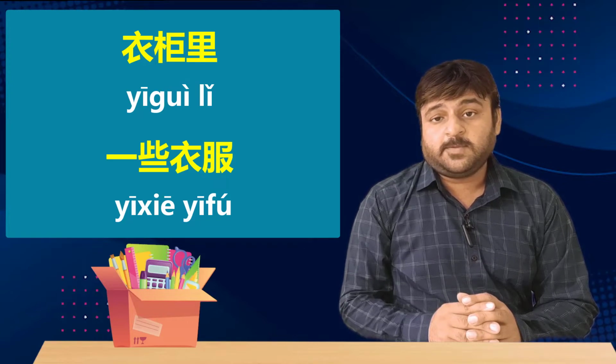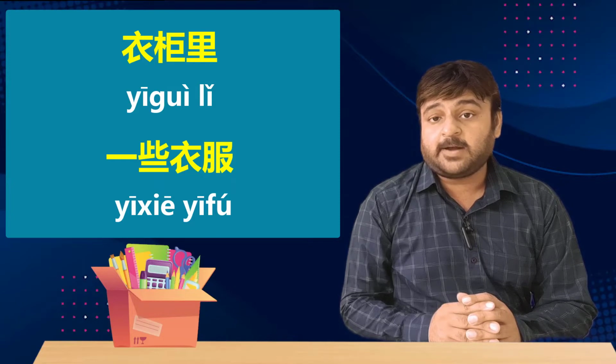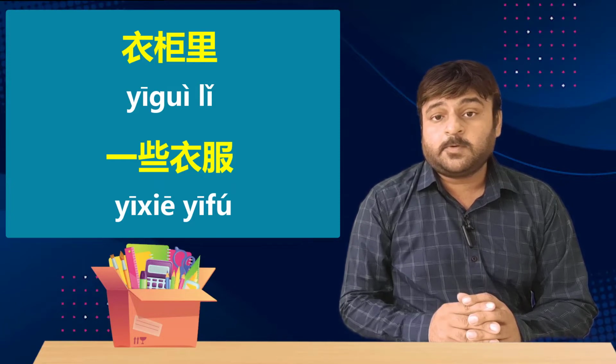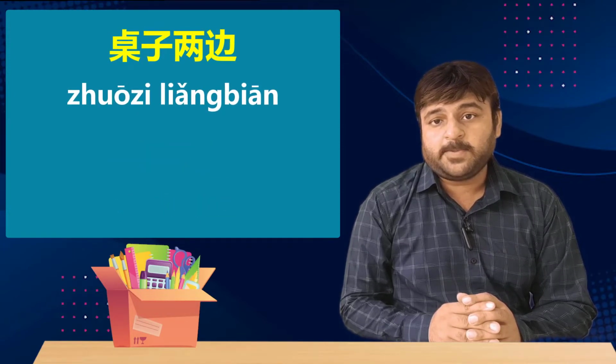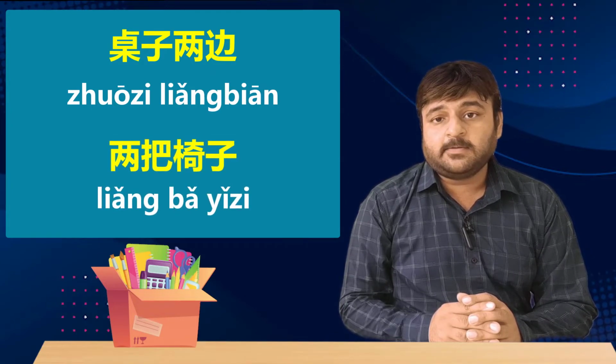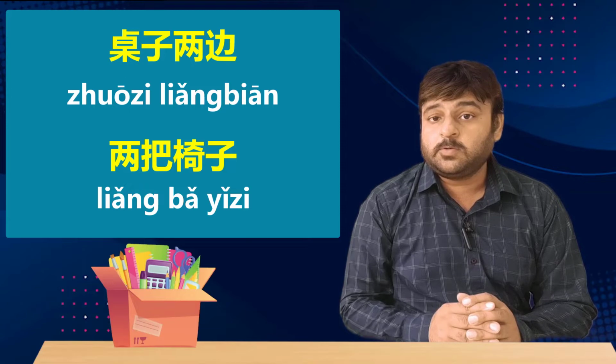So zhe is being used to denote an action that is happening at the moment. Moving on to the third word in the box. 桌子两边 both sides of the table. 两把椅子 two chairs. On both sides of the table are placed two chairs.